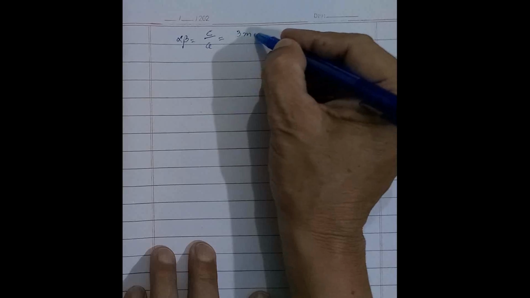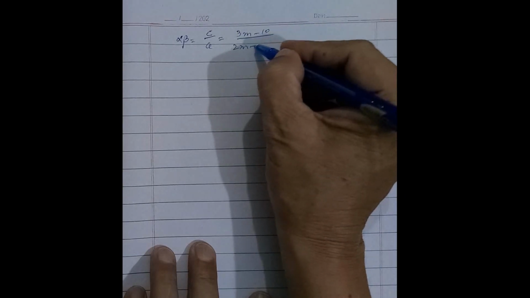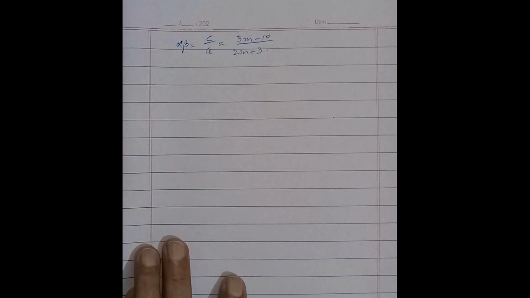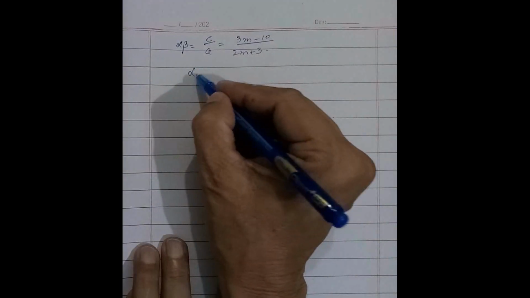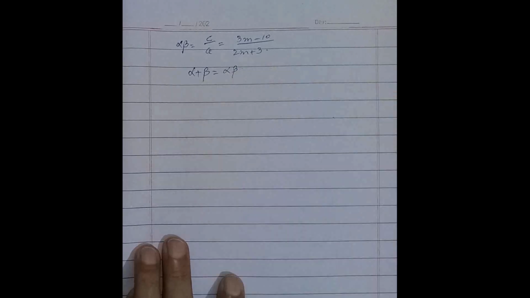In this question, c is equal to 3m minus 10 and a is equal to 2m plus 3. The roots of the equation are equal, so alpha plus beta is equal to alpha beta.